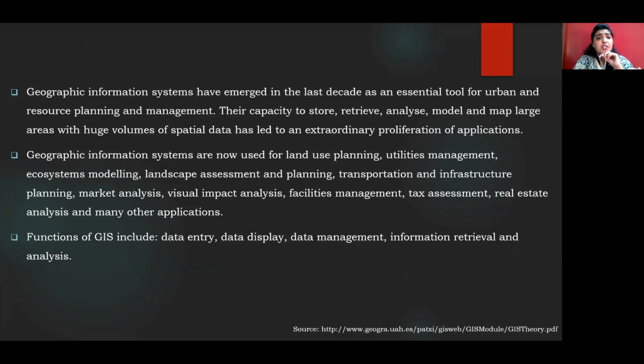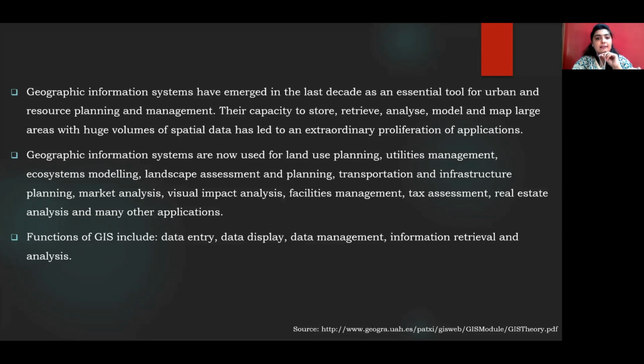Geographic information systems, its importance have increased over the period of time, and it has become a major tool when it comes to urban and resource planning and management. It is now being used for land use planning, utilities management, ecosystem modeling, landscape assessment and planning, transportation and infrastructure planning, market analysis, visual impact analysis, facilities management, tax assessment, estate analysis, and many other applications.